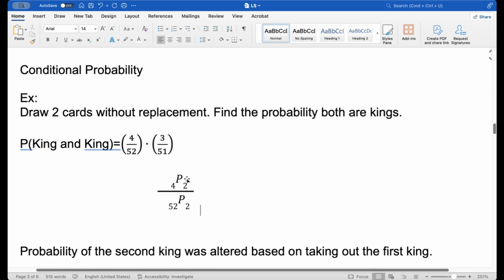Numerator is 4P2, denominator is 52P2. So you can also think of it as a permutation here. If you want to view it as an ordered situation, without replacement would be ordered without repeats. And so it's a permutation, 4P2 divided by 52P2.